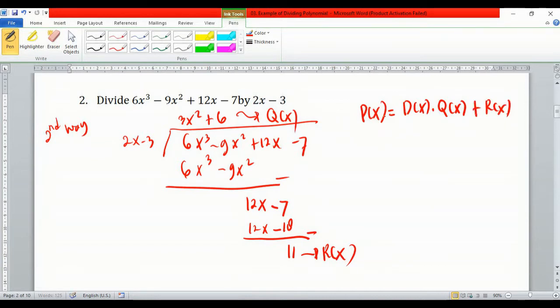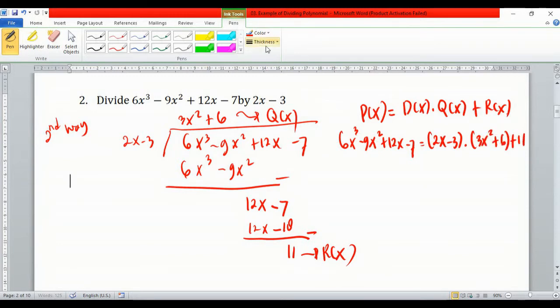Remember the formula is P(x) equals divisor D(x) times Q(x) plus R(x). So P(x) is 6x power 3 minus 9x squared plus 12x minus 7, and the divisor is 2x minus 3, times 3x squared plus 6, plus 11.